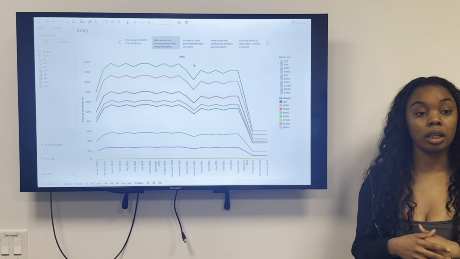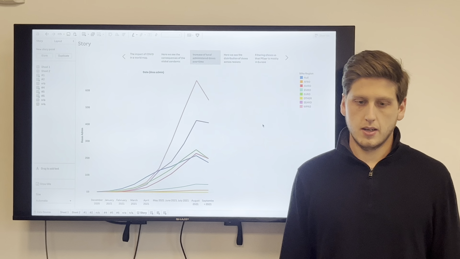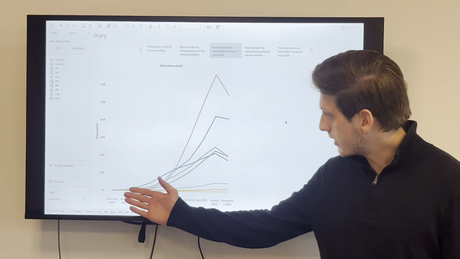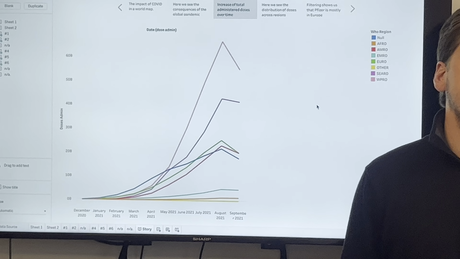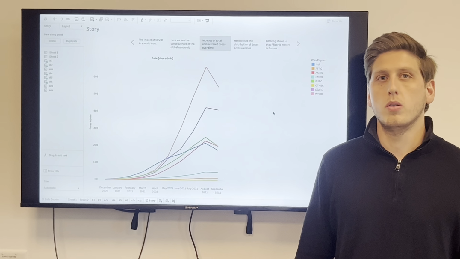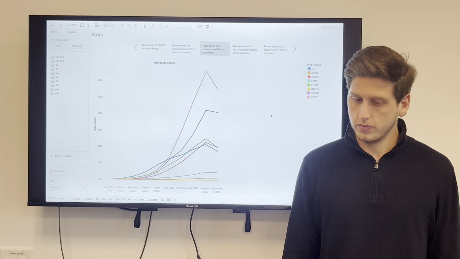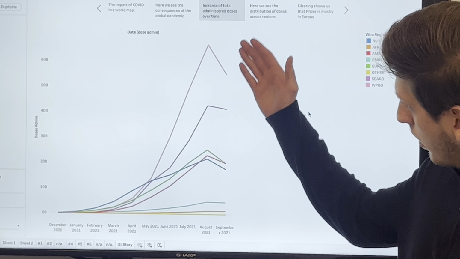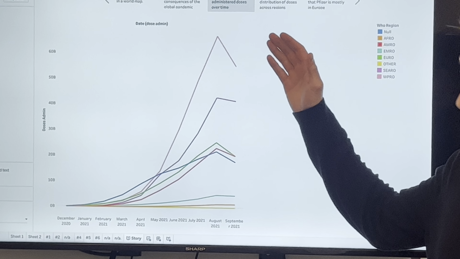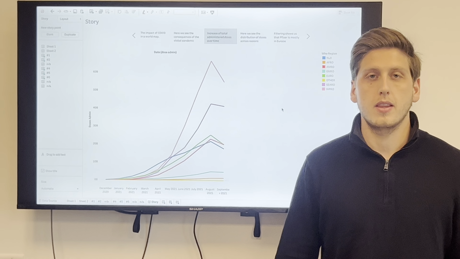We're now taking a closer look at a very telling graph which represents the total doses administered of COVID-19 vaccines. Let's start with 2020. Notice the straight line. That's because the vaccine was still under development and no doses were administered. When we move on to 2021, we can see that from May to August, there's a significant uptick in the graph.